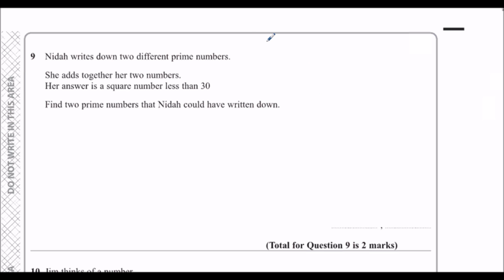So we've got prime numbers, which are numbers with exactly two factors.